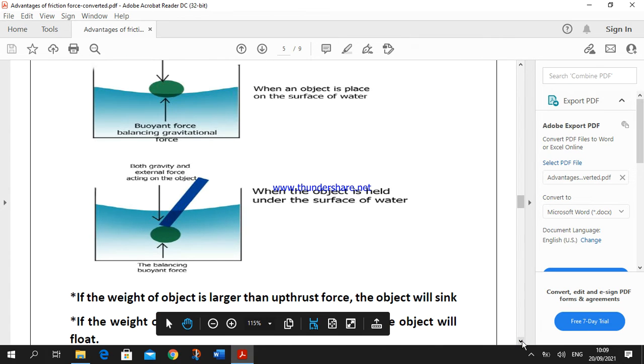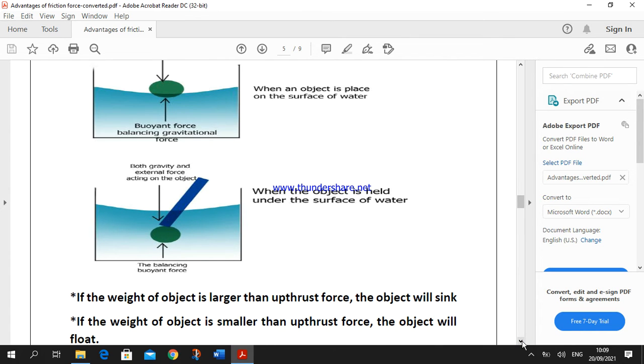So we have two cases. If the weight of the object is larger than the upthrust force, the object will sink in water. And if the weight of the object is smaller than the upthrust force, the object will float.